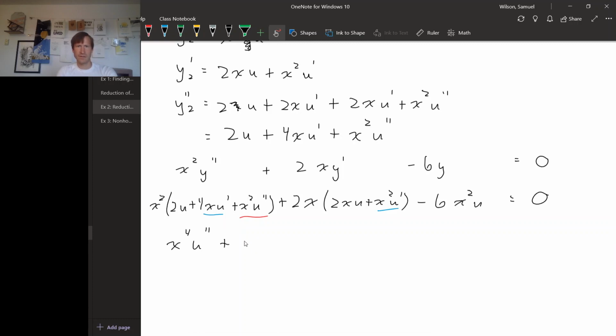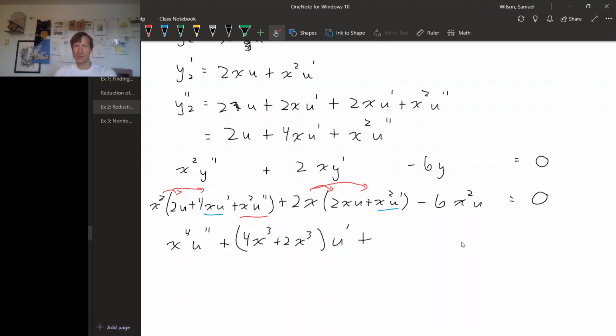So we have 4x cubed times u prime, and I'm going to factor out that u single prime here, plus 2x cubed for this term over here. Don't forget to distribute as we simplify.